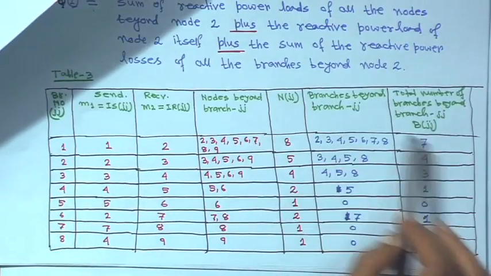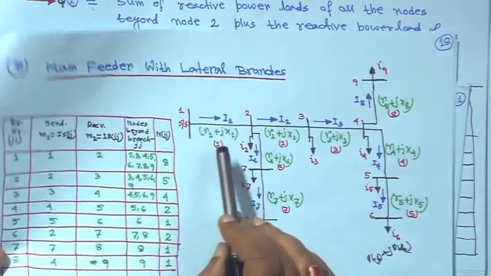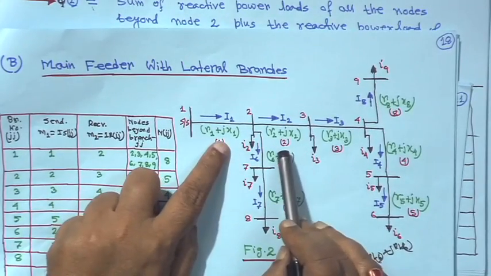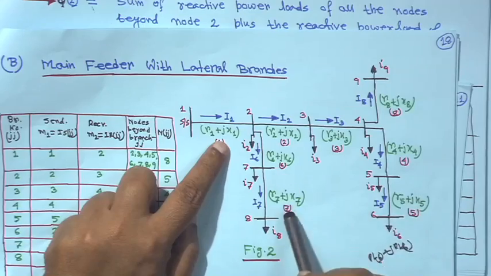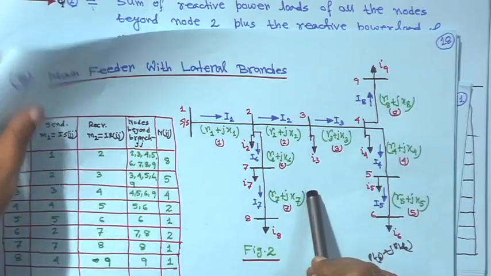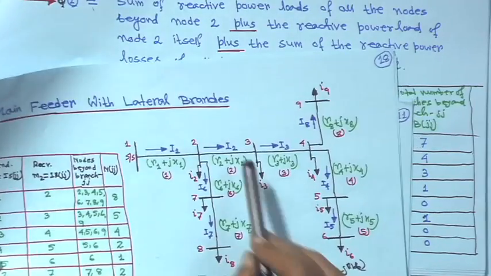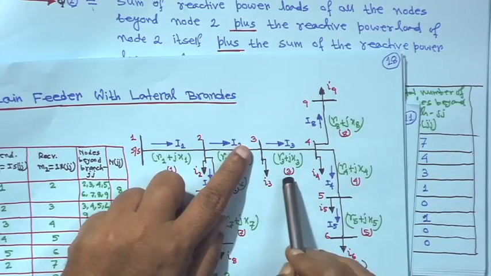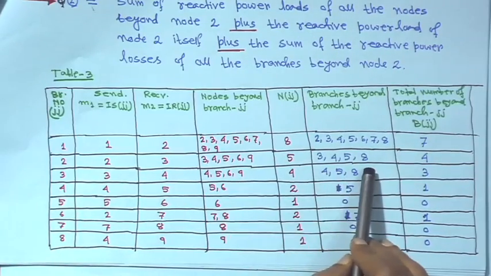For example, branches beyond branch JJ, when JJ is equal to 1: these are the branches beyond, in red color, 2, 3, 4, 5, 6, 7 and 8. Then beyond branch 2, the branches are 3, 4, 5 and 8.